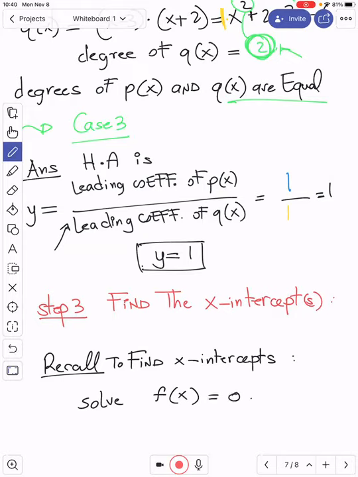But in a rational function, our function f is actually a quotient. F of x is supposed to be p over q, right? So this is like p over q.